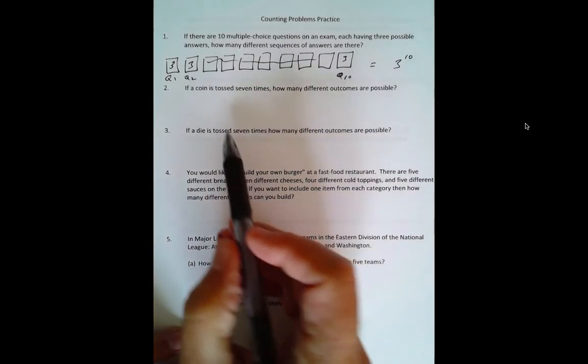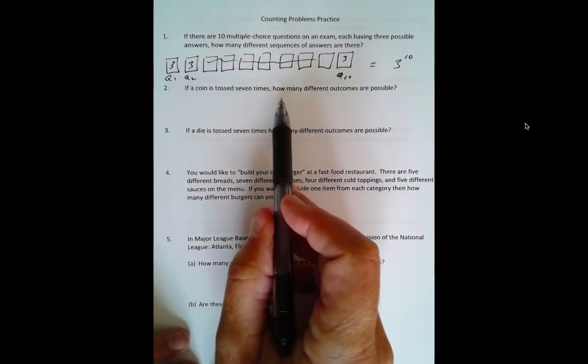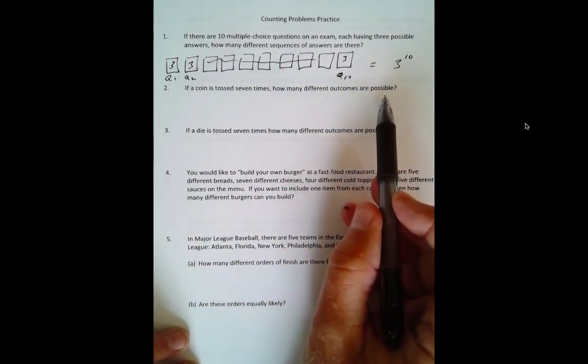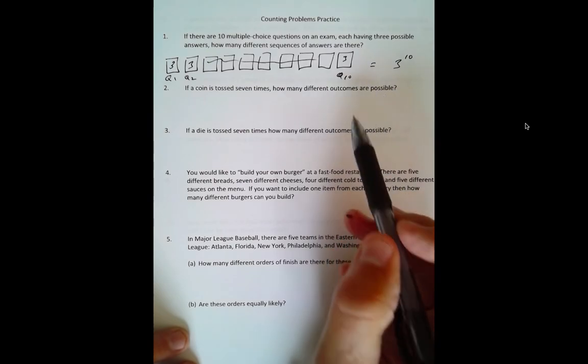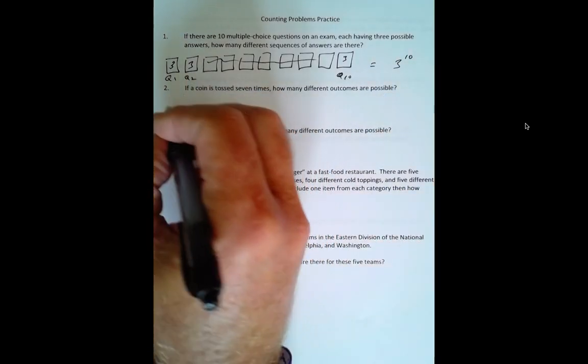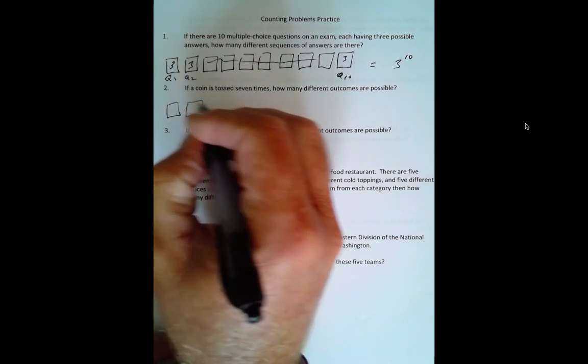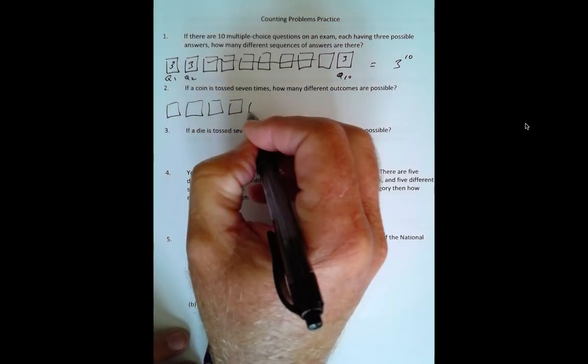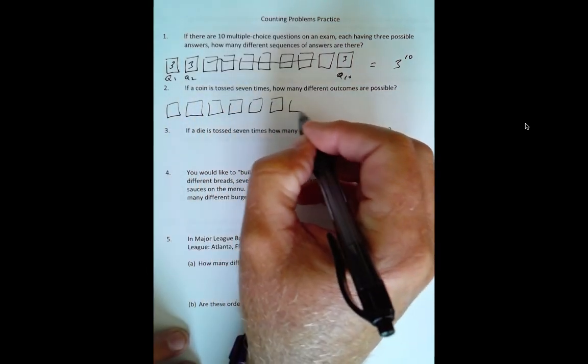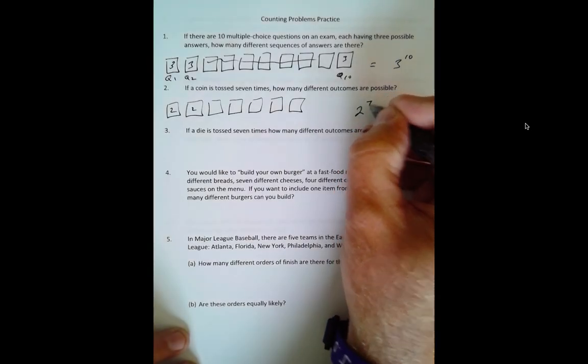Number 2, if a coin is tossed 7 times, how many different outcomes are there? Just like this one, we have 7 tosses, and we have 2 outcomes each time, heads or tails. So it should be easy to see that the total number of outcomes would be 2 to the 7th.